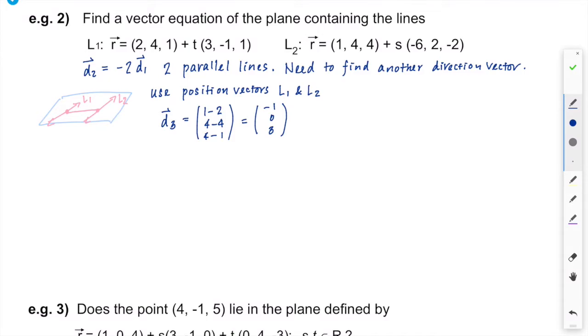So I can pick any one of those and say that therefore the vector equation of the plane is 2, 4, 1 plus s times, let's use smaller numbers, 3, -1, 1, plus t times -1, 0, and 3.